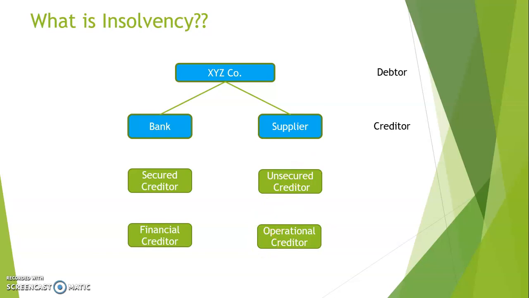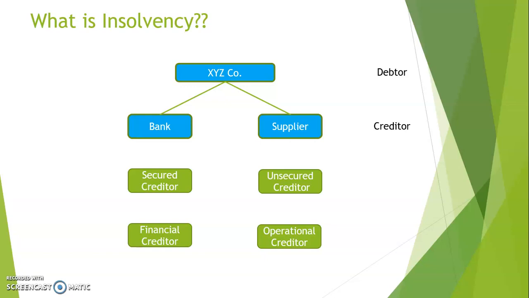Now, take a case where XYZ company is unable to pay back the bank for the financial aid provided by the bank, and XYZ company is unable to pay back the supplier for the goods and services they have supplied. Now, XYZ company finds itself in a stage of inability, an inability where it is not able to pay back the financial creditor and the operational creditor.